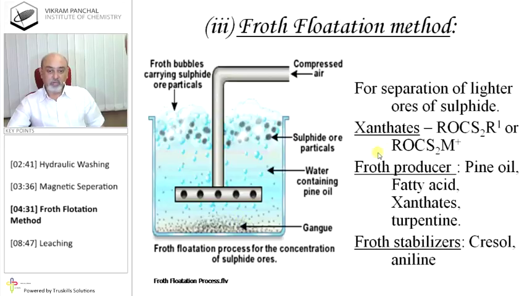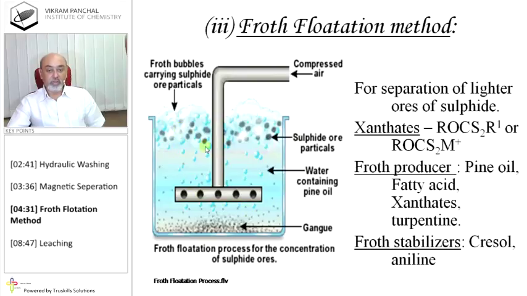Along with this ore, we have to add water, xanthates, and some pine oil and froth stabilizer like cresol, aniline, etc. This is all mixed, and then we have to pass compressed air through these pipes, and when air comes out, due to agitation, it produces froth.